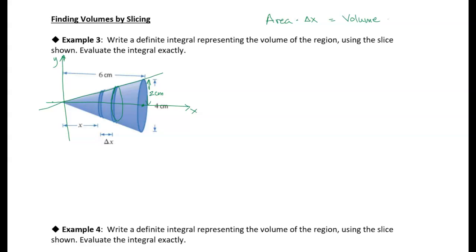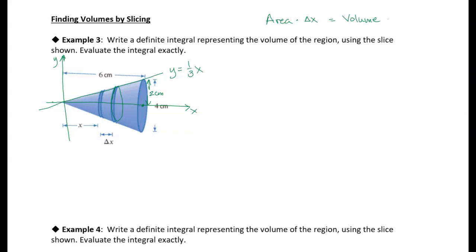So it's a rise of 2 and a run of 6, so that's 2/6 or 1/3 x. The edge of the cone lies along y equals 1/3 x.